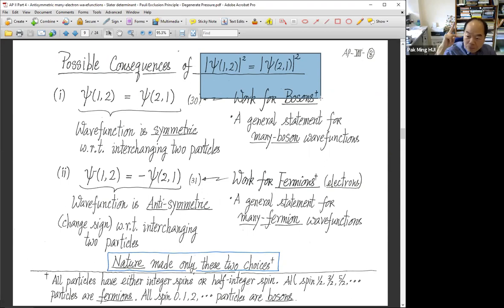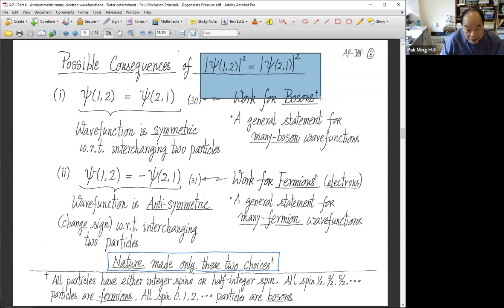Now we have two options. Interchanging the coordinates of two particles, no change. We call it symmetric wave functions. Actually, technically, in higher level textbooks, it is called totally symmetric wave functions.